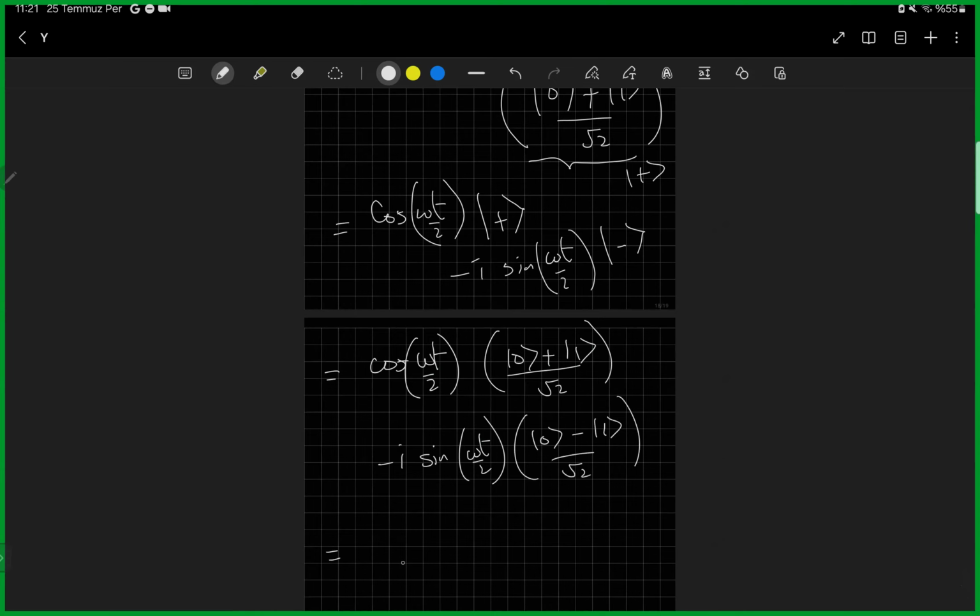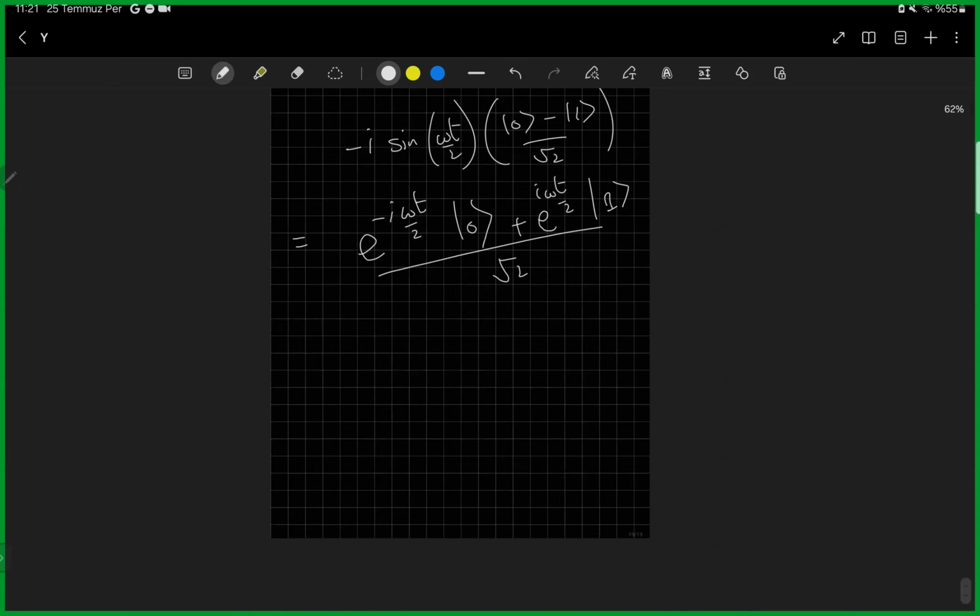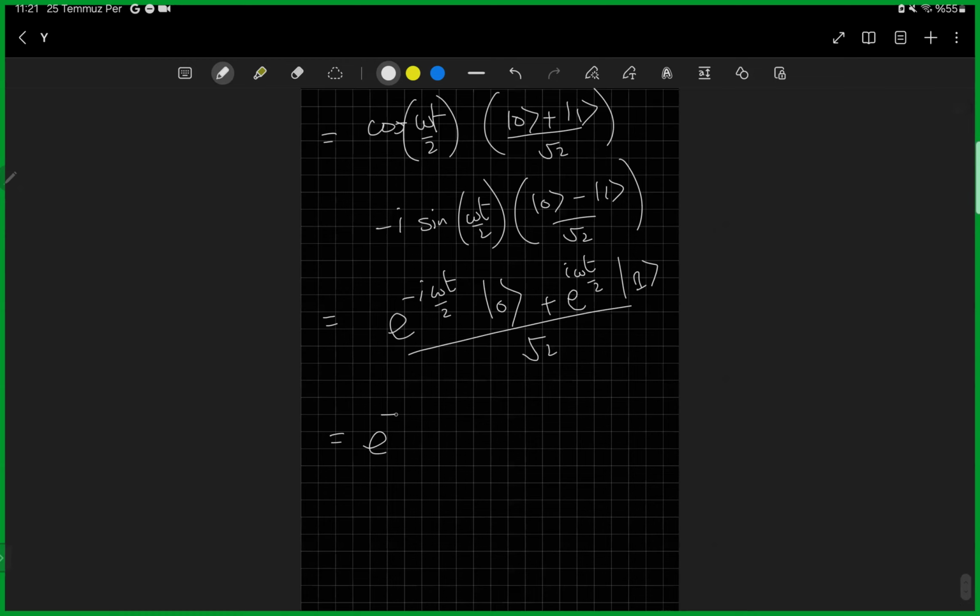This just turns out to be e to the minus i omega t over 2 on |0> and e to the i omega t over 2 on |1>, right? This is what it turns out to be. So I just take a global phase factor outside, and I get |0> plus e to the i omega t |1>.